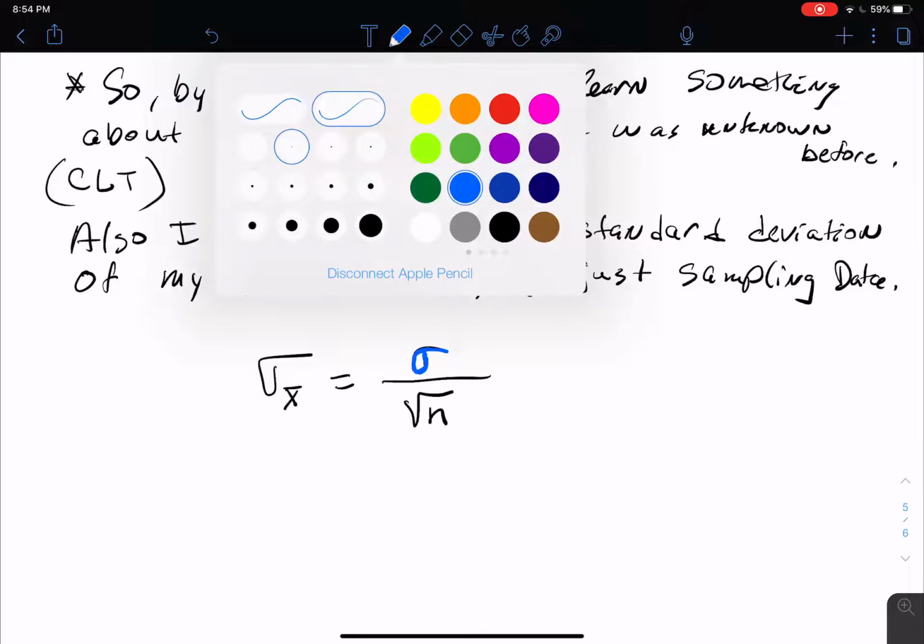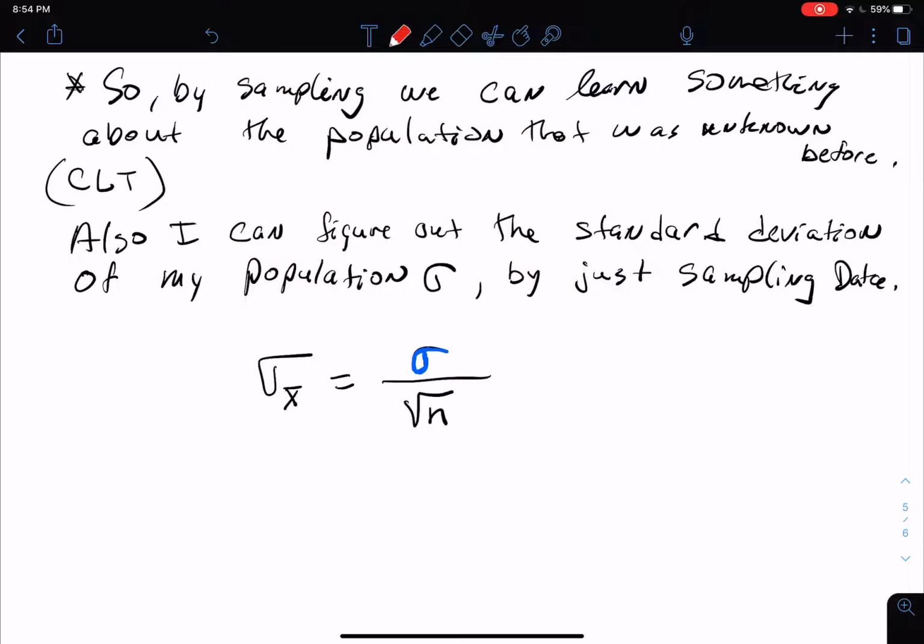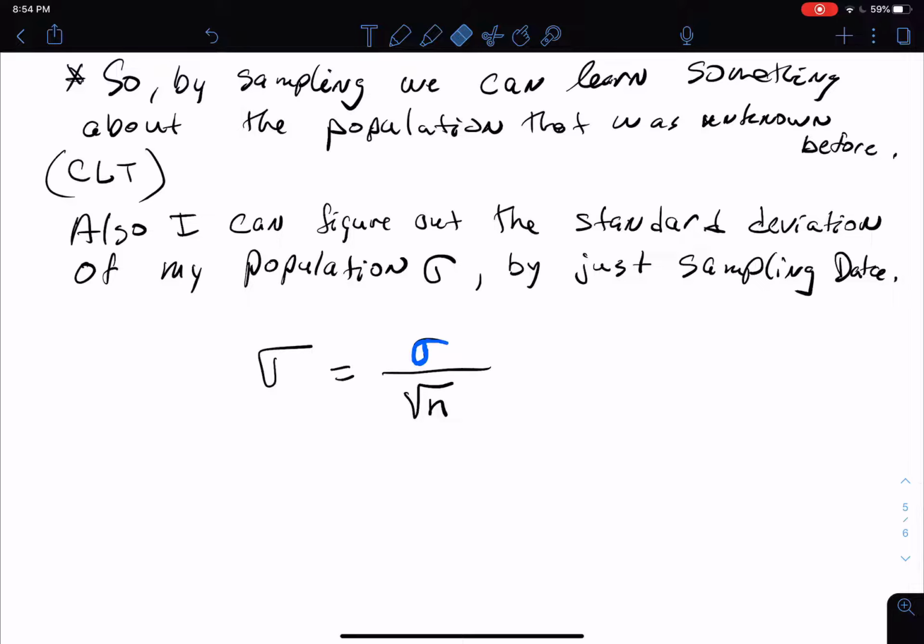On the other hand, if you sampled and made sure your sample size was greater than 30, and you found your X bars, and then found the standard deviation of the X bars, that's a number you can calculate.